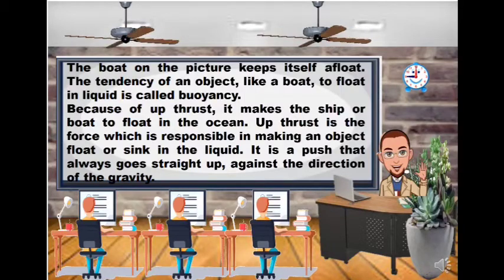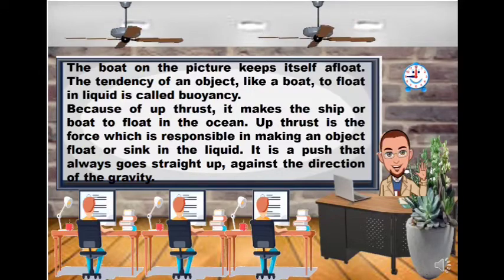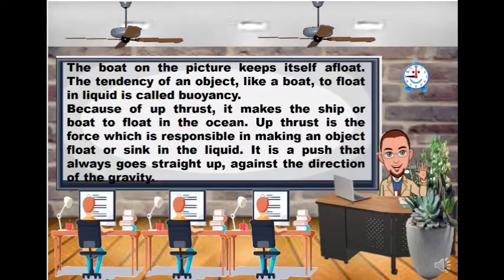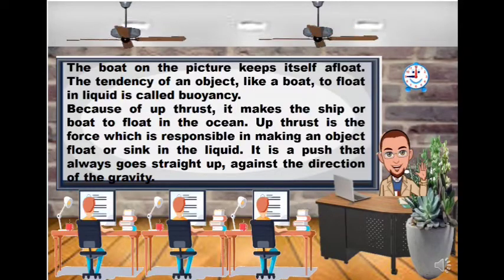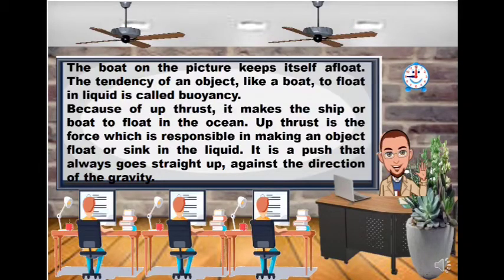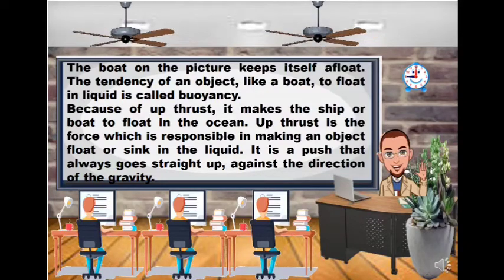The boat on the picture keeps itself afloat. The tendency of an object like a boat to float in the liquid is called buoyancy. Ayun, yun yung special characteristic ng boat. Meron siyang tendency to float. Because of the upthrust, it makes the ship or boat float in the ocean.